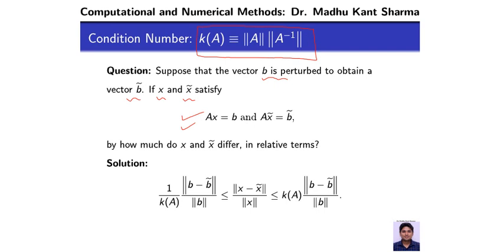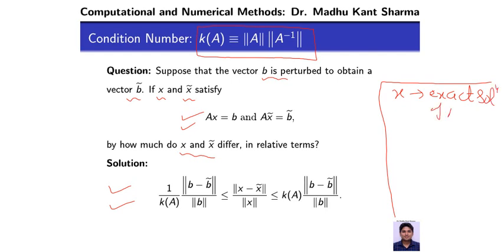Then we were interested in finding how X and X tilde differ in relative terms, and we found the following inequality for the same. Note that X is the exact solution of the system AX equals B, and X tilde is an approximate solution.